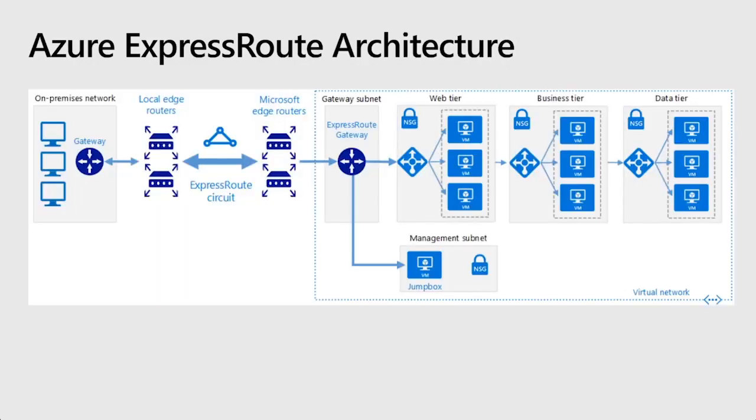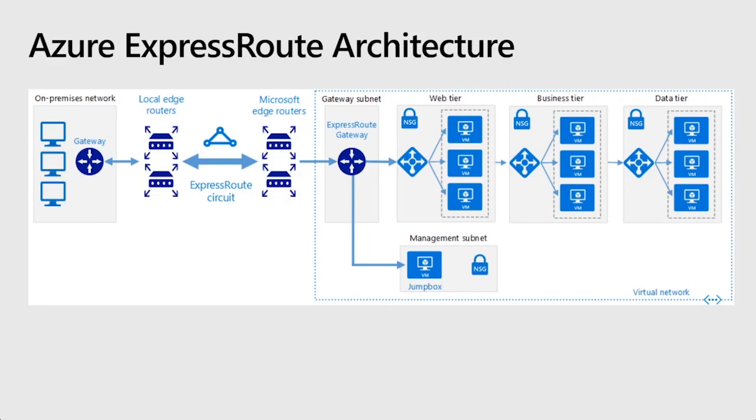I did warn you that the ExpressRoute architecture was a little bit more complicated, so let's break it down. To start with, we have our on-premises network. So that's just your standard office location with your VPN appliance as your gateway. Then you have the ExpressRoute circuit itself. So this is provisioned by your provider, and it's a layer 2 or layer 3 network circuit.